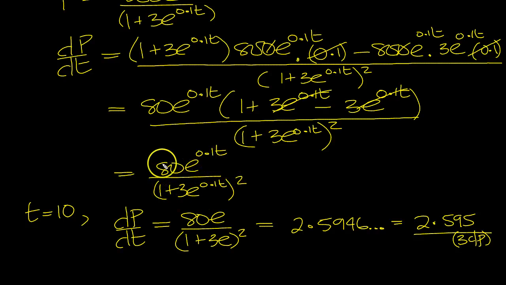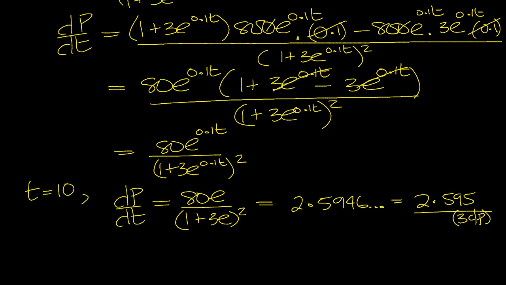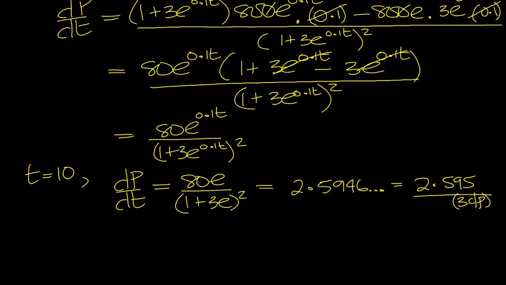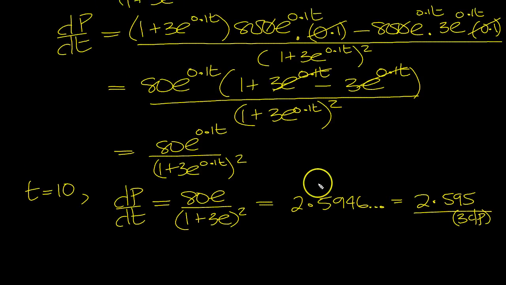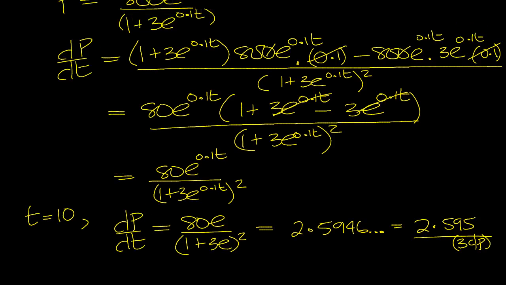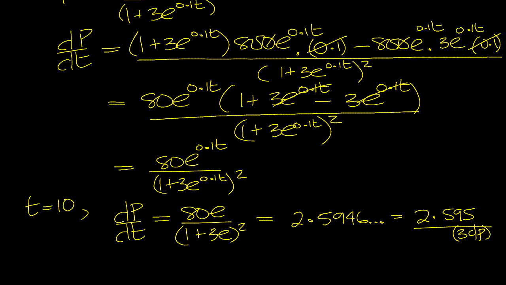It would be positive, but smaller and smaller and smaller. So it'll always be going up by less and less amounts. So presumably there's a maximum value. Because at infinity, dp dt would be 0. So there's a value that it flattens out. The curve flattens out. The gradient flattens out as t increases.